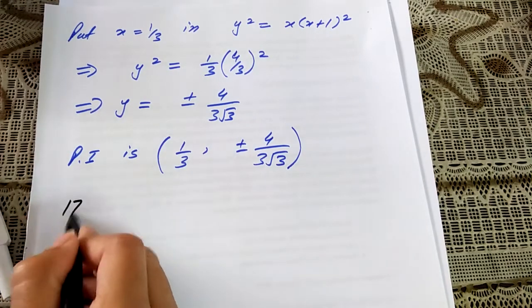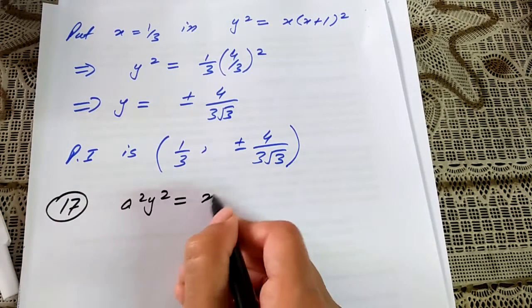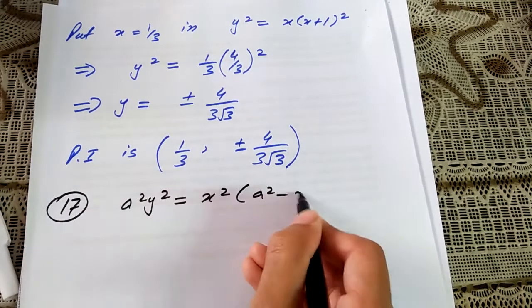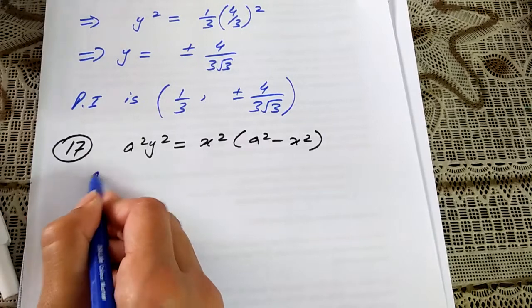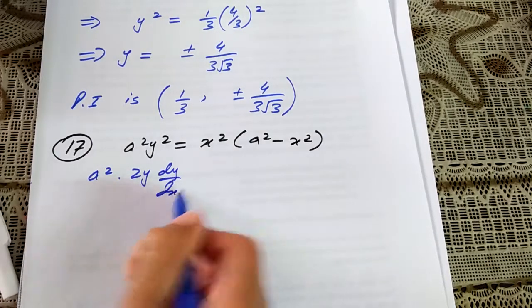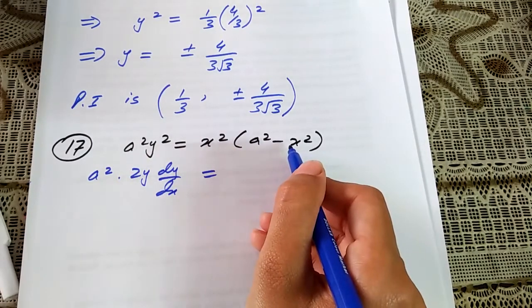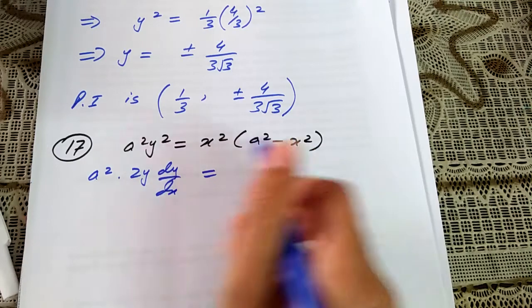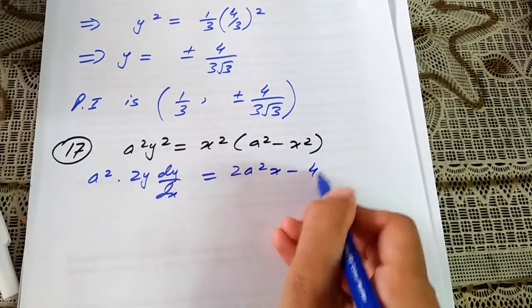Now move on to the question number 17, that is a square y square is equal to x square times a square minus x square. Now find the derivative with respect to x, that will be equal to a square into 2y dy by dx. Use the product rule here. After simplification and using the product rule, we will get here 2a square x minus 4x cube.